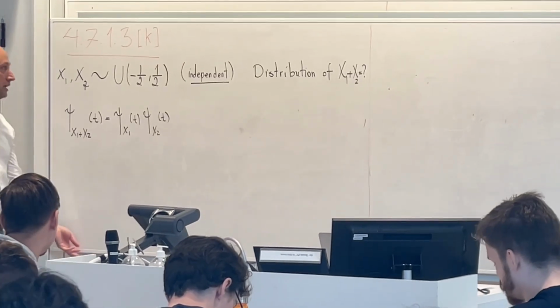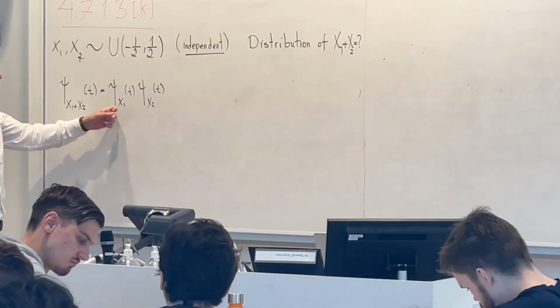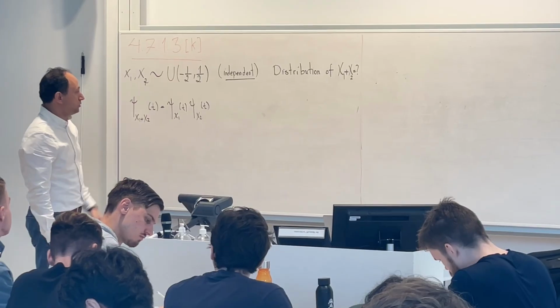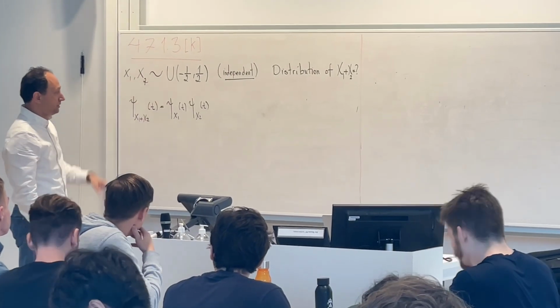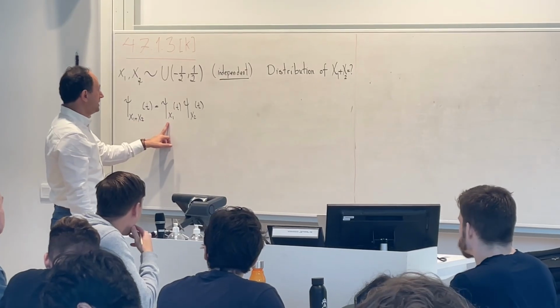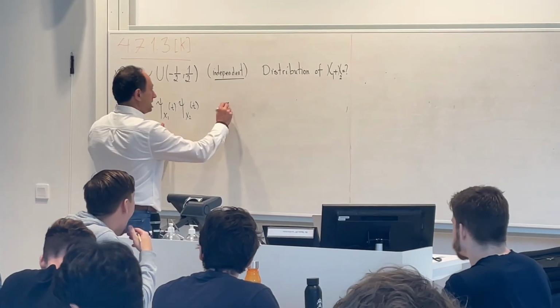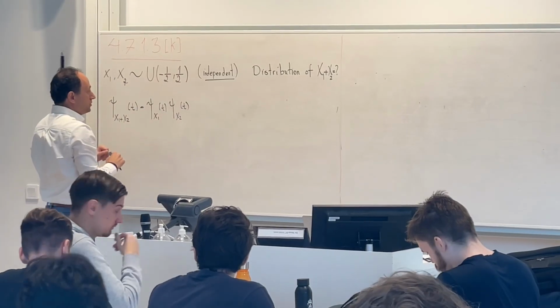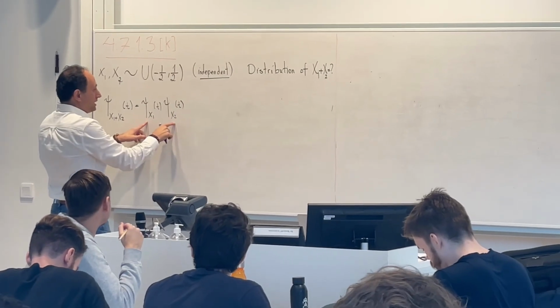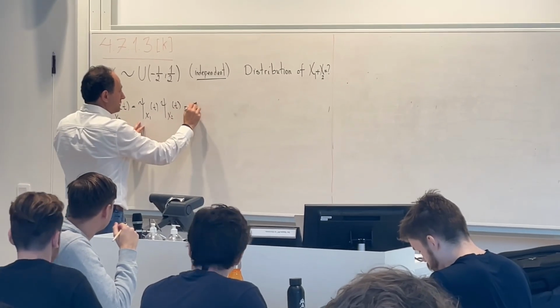Then I need to calculate this for the uniform distribution. Might be you're allowed to read it from the table. Do you remember what it was? We calculated it once. Both x1 and x2 have the same uniform distribution, so it's better to write it this way.